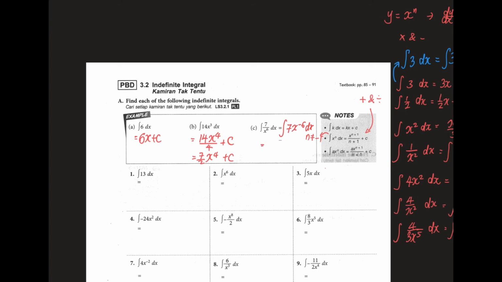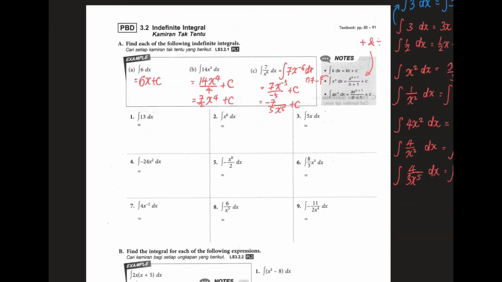And then we integrate, and the integral sign no need to write anymore from this point onward. 7x to the power of negative 5 over negative 5 plus c. So minus 7 over 5 x to the power of 5 plus c. Okay, so these are the three examples on how we use the three formulas there.